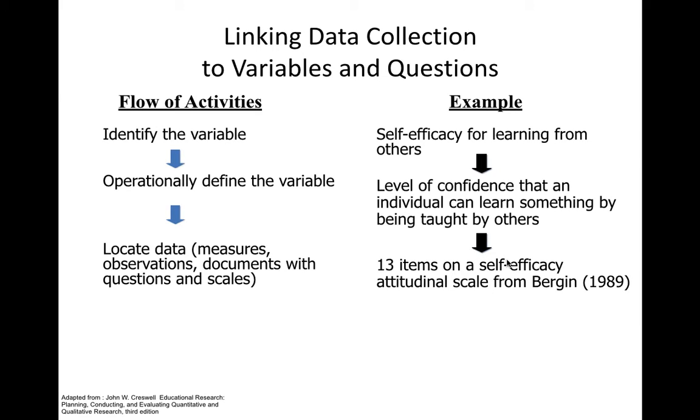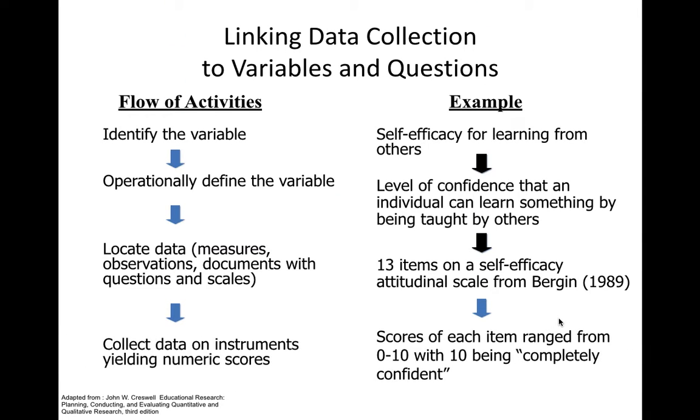Measures, observations, documents, with the use of questions and scales. These are measurement scales, psychometric tests that are available, particularly in the field of educational psychology and psychology in general. So there is this self-efficacy attitudinal scale from Bergen. There are 13 items that could be used as the data measuring instrument.